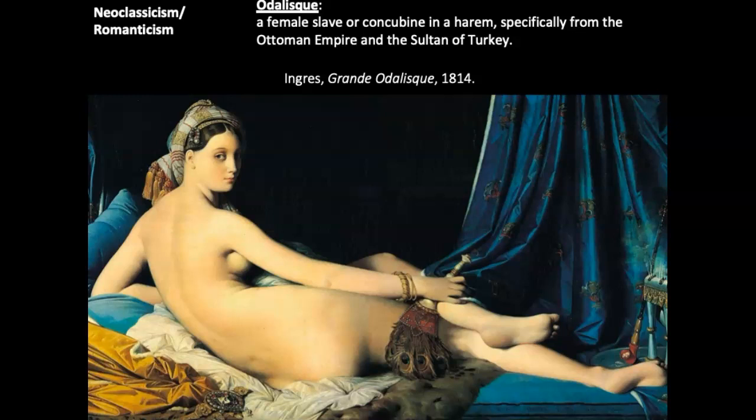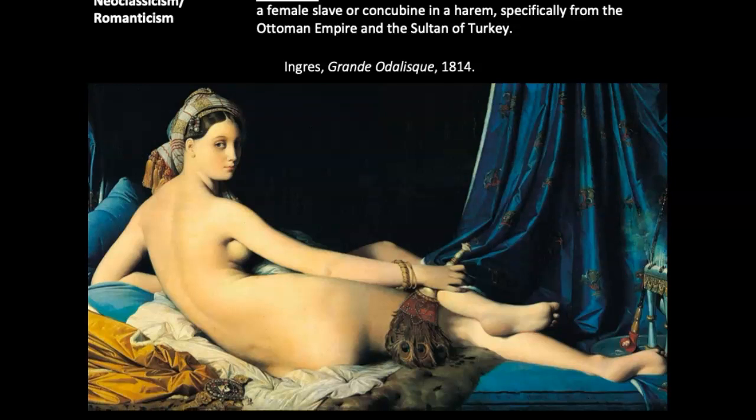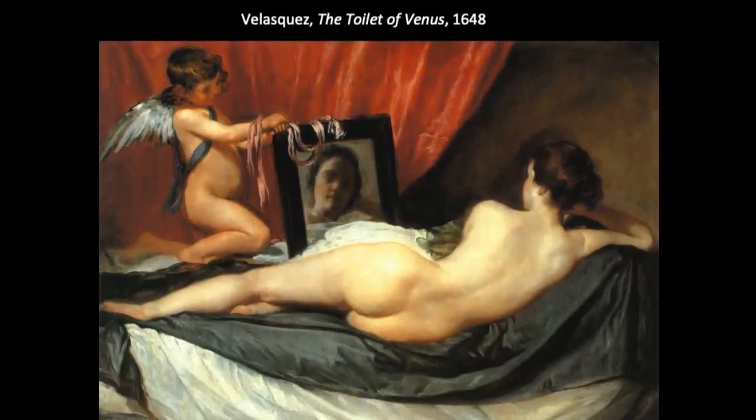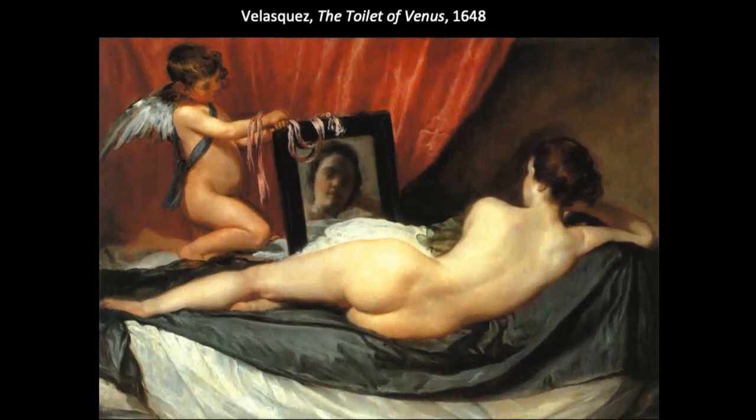She, an odalisque, is exotic, but the posture or the form that she sits in, naked on a couch, that's not new. The great Spanish Baroque artist Velázquez painted something very similar when he painted the Toilette of Venus, or the getting ready.